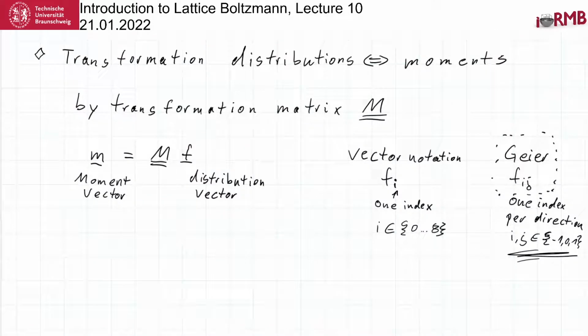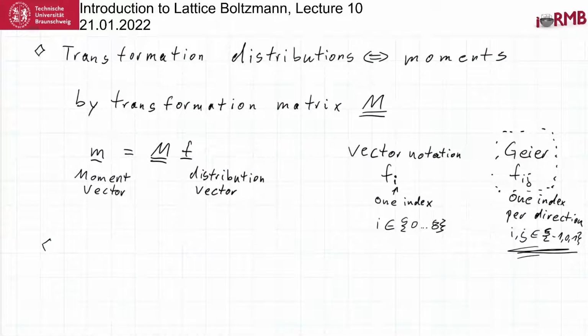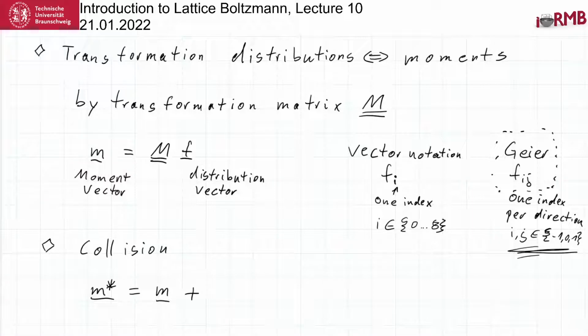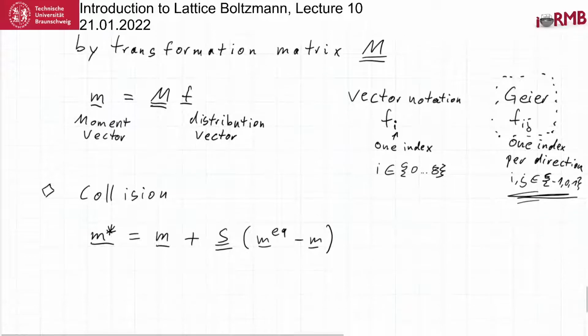So we have the transformation. Then we need the collision after the transformation. So this collision looks like this. We have m after collision equals m before collision plus a relaxation matrix times m^EQ, the equilibrium of the moment, minus m.